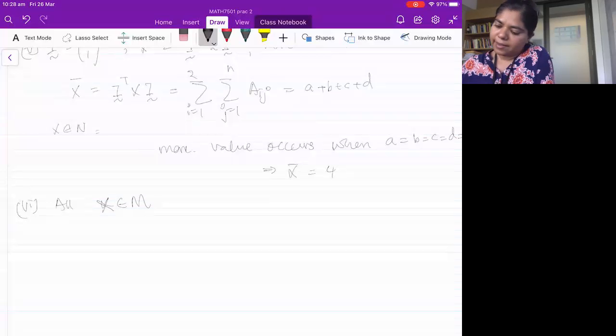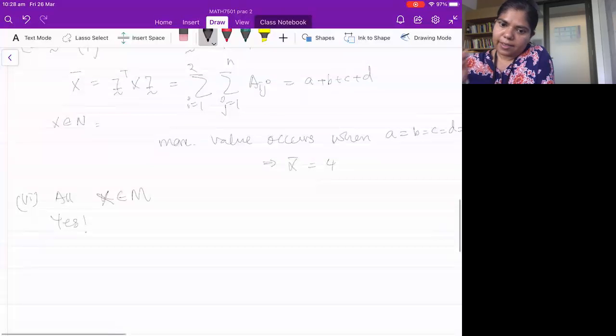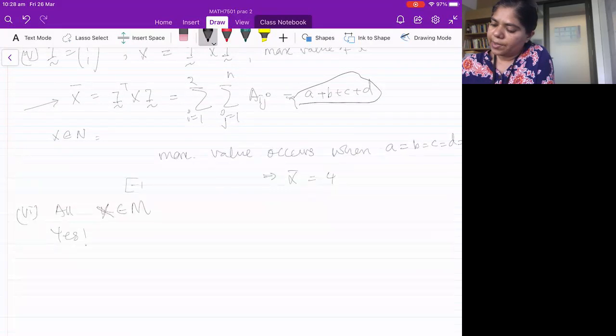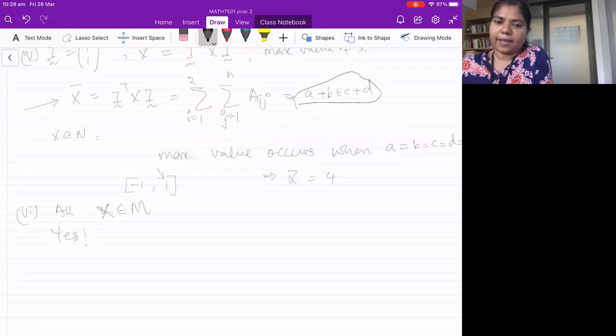Why? Because X bar is still the same here, so the maximum occurs, the maximum in N is in the range -1 to 1. Okay? So the maximum occurs again when all the elements are 1. Okay?